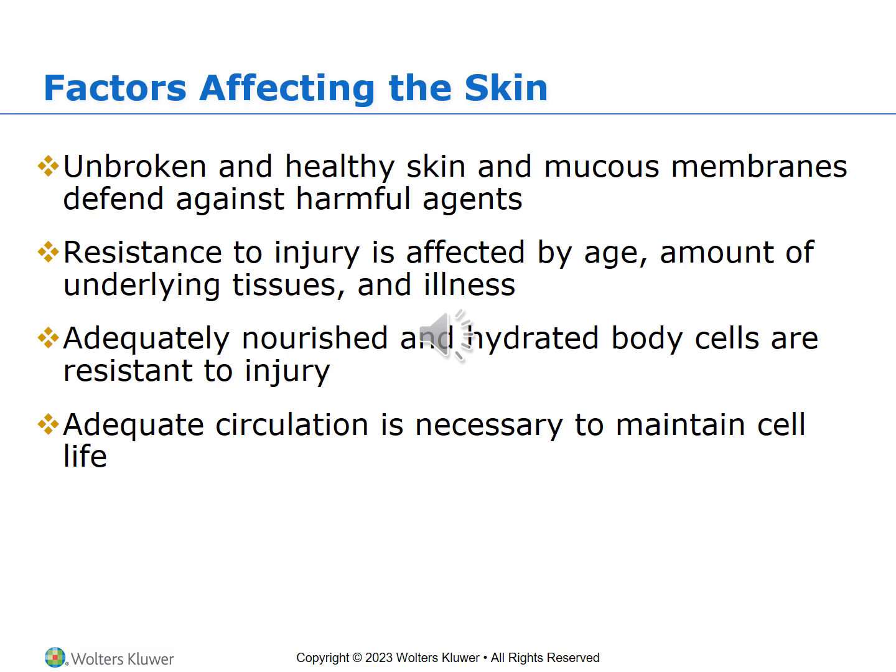Resistance to injury is affected by age, amount of underlying tissue, and illness. Adequately nourished or hydrated body cells are resistant to injury. Adequate circulation is necessary to maintain cell life. And then page 1152 also talks about developmental considerations as well as the patient's state of health, which is some of the things that we mentioned here.